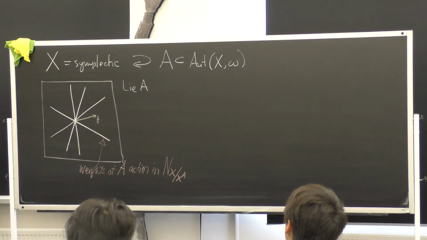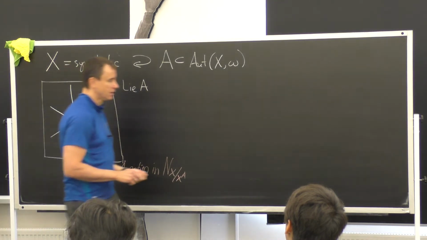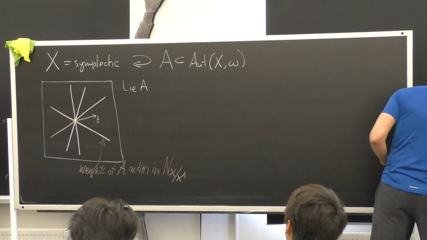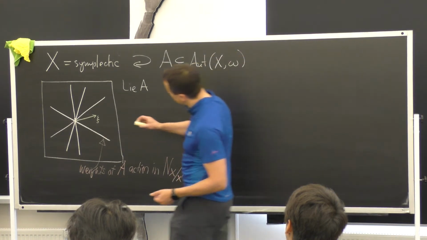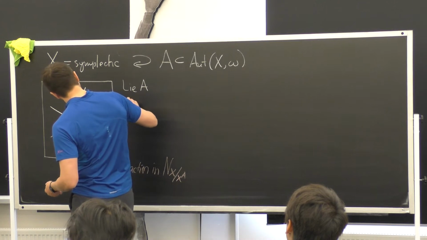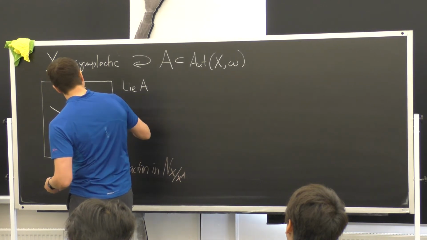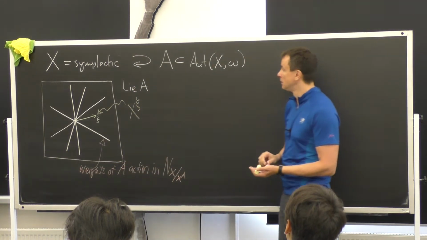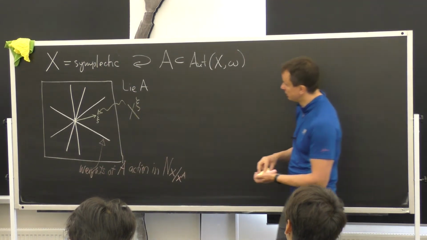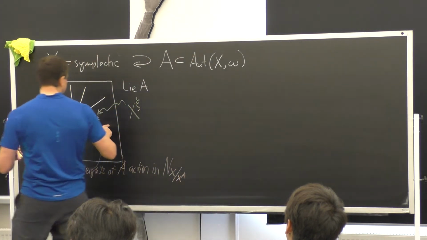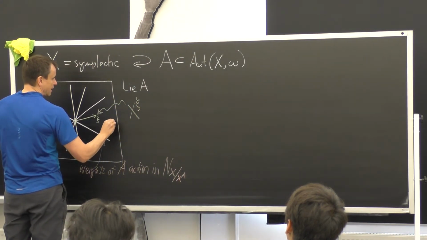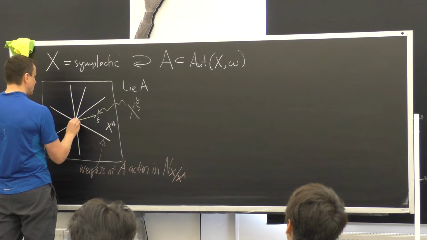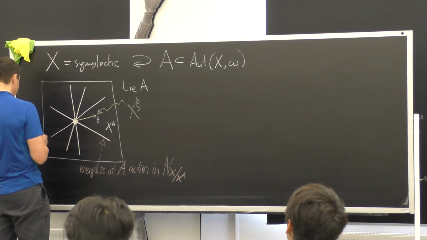So here I have this stratification where, over every point xi, I can imagine its fixed locus sitting. Over generic points, it's the fixed locus X^A, and here's X itself.